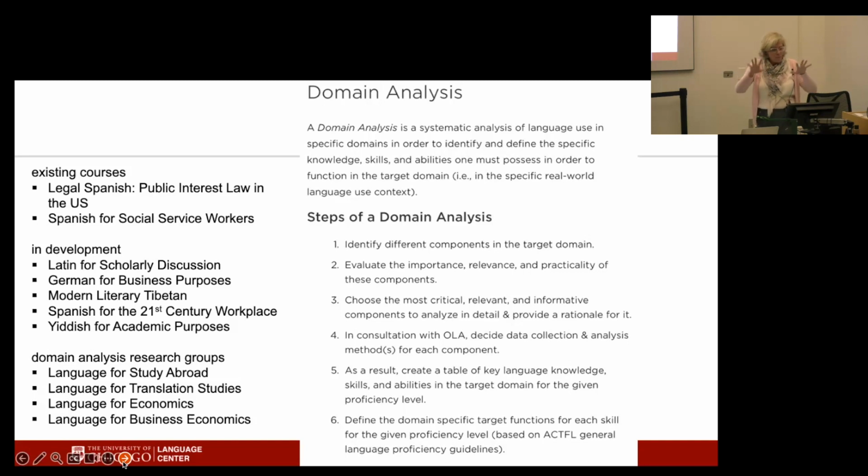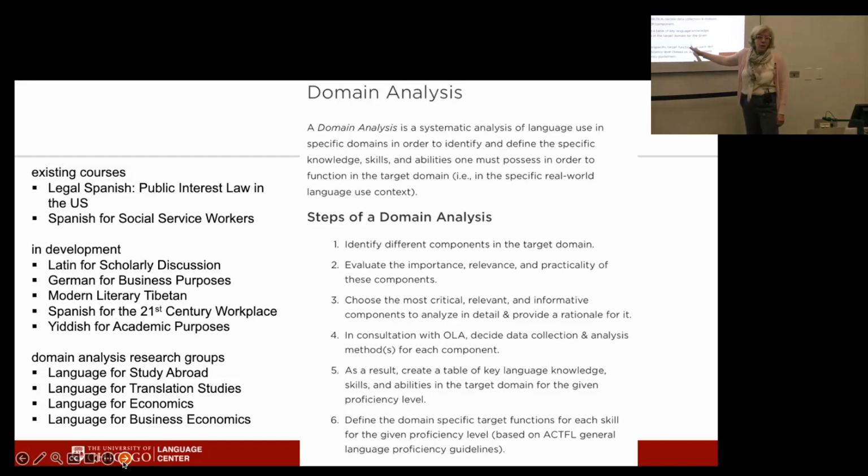There isn't that much journalism written in that language. So you don't need to teach them how to read, but you can focus on speaking, writing, listening, focusing on the skills. So that's what I mean about the domain analysis revealing sometimes surprises about what working professionals in that domain need for the domain.